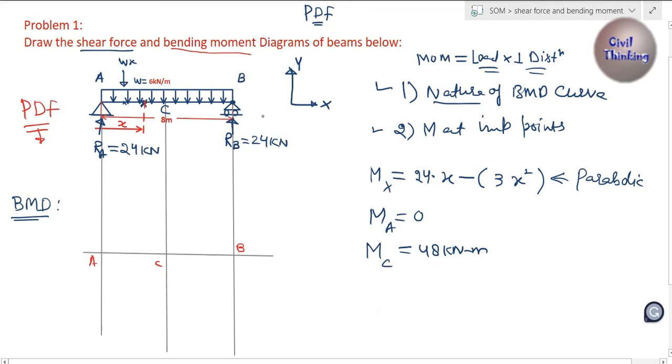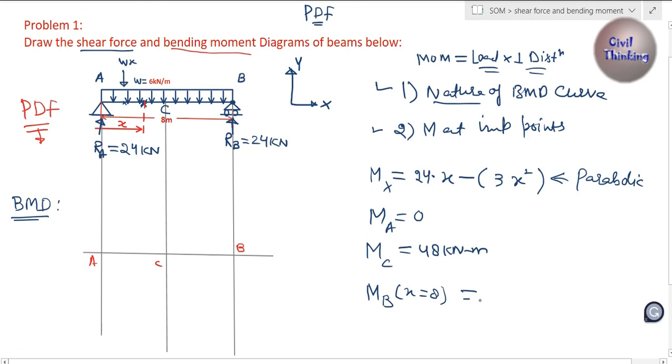Now let's find the moment at B. Moment at B is, now this is 24x. Now first of all, what is the value of x at B? X begins from A, and A to B is 8, right? So x is 8 at B, right? X equal to 8.